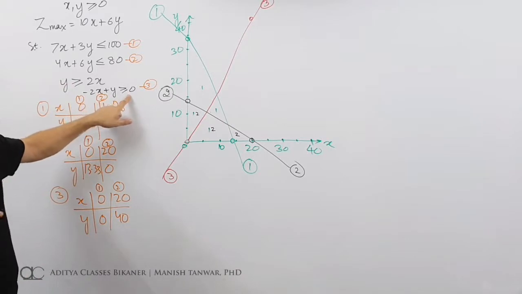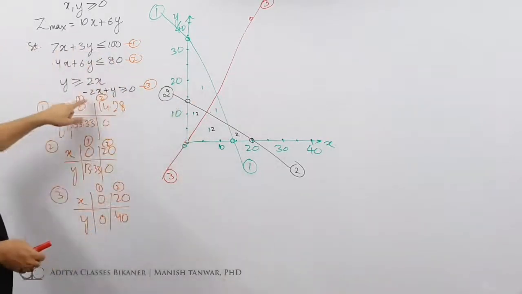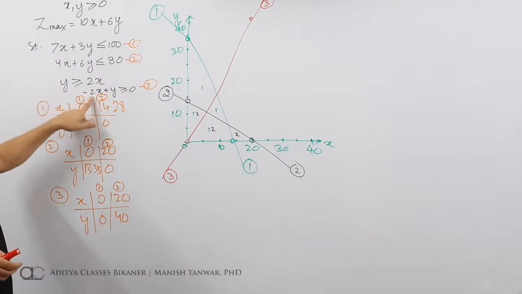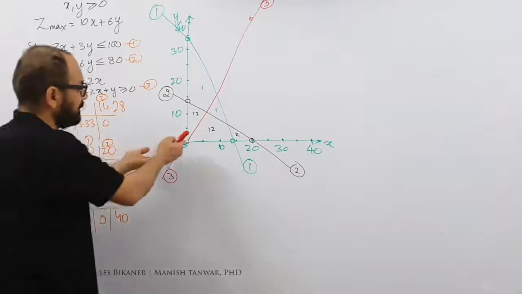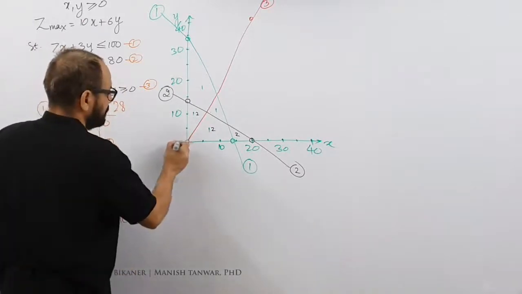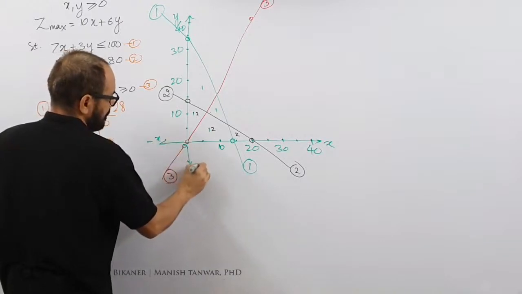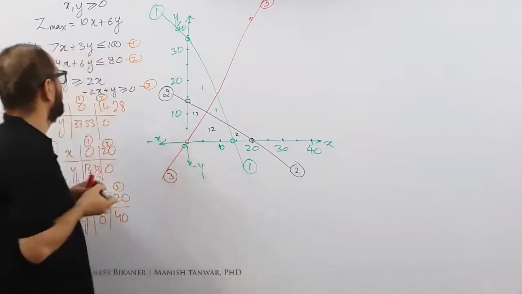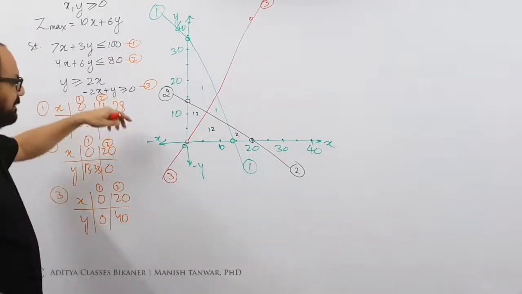It is a greater than type constraint. Now how do I decide what is the greater than area? We decide the greater than area according to the sign of x. The sign of x is negative, so everything on the negative side will be the greater than area. Minus x and minus y. The sign of x is telling me the greater than area, and incidentally we are interested in the greater than area only.